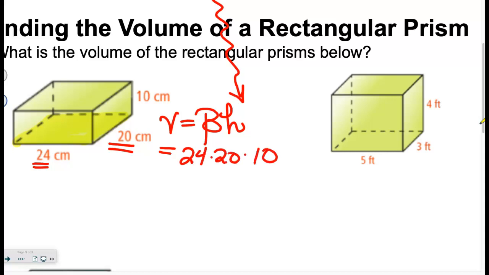And then we fill it up with the height. When we do that, here's the height, by the way, we're going to get 4,800, and we label this centimeters cubed because it's centimeters and centimeters and centimeters. And there's 3 dimensions.